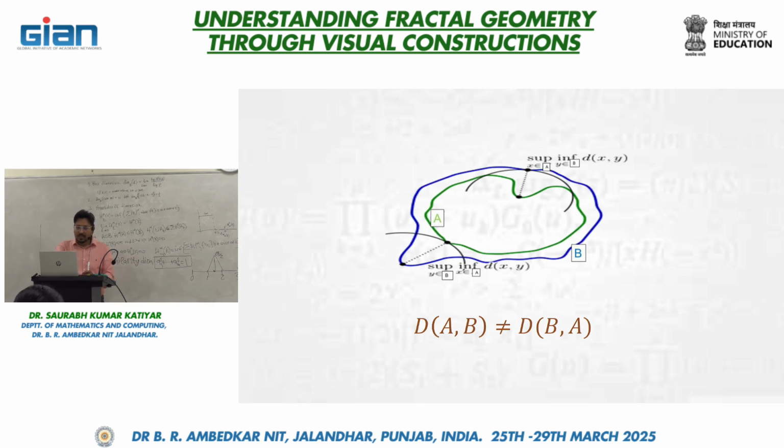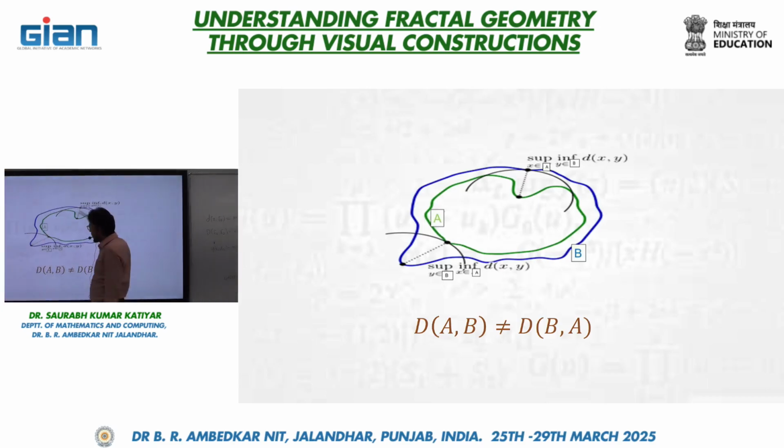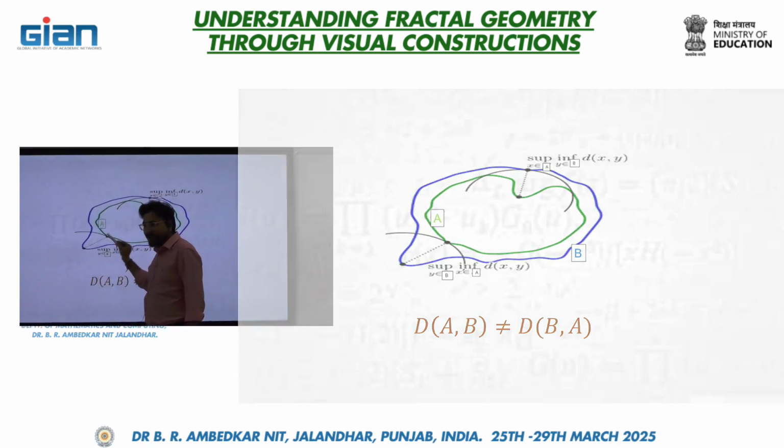The blue color is B and the green color is A, and I was trying to show what D of AB will be. This part is your D of AB and this part is D of BA.